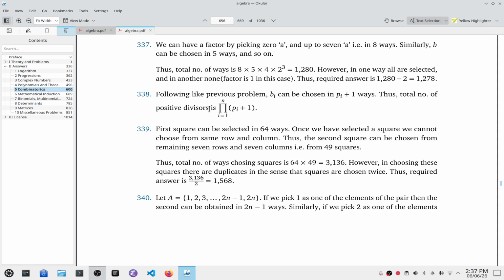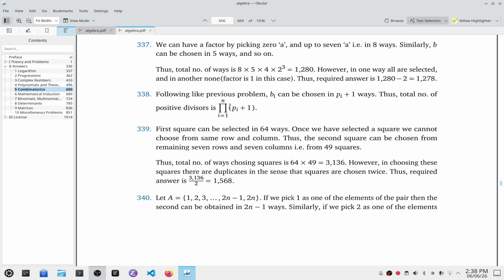So total number of positive divisors, including the number and 1 both, is the gamma function, which is the product from i equal to 1 to n of pi plus 1. So what gamma function is, it will be p1 plus 1 times p2 plus 1 times p3 plus 1 times so on till pn plus 1.